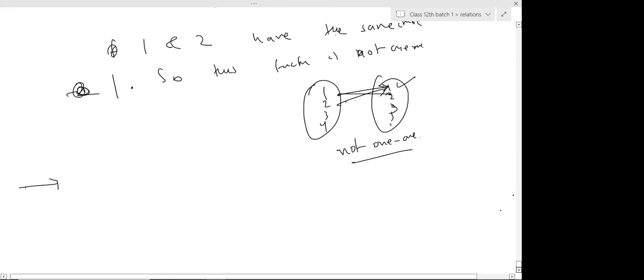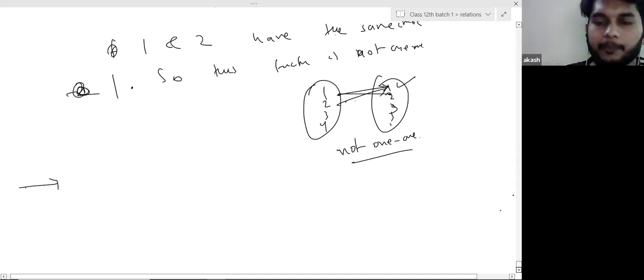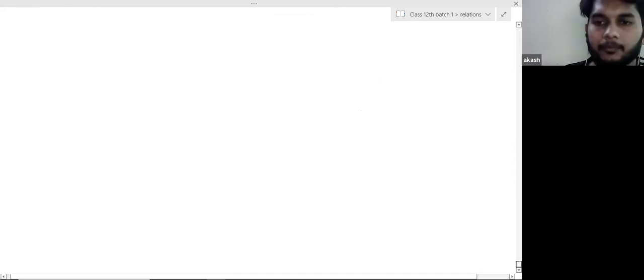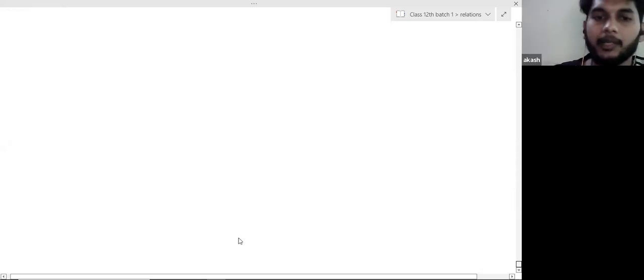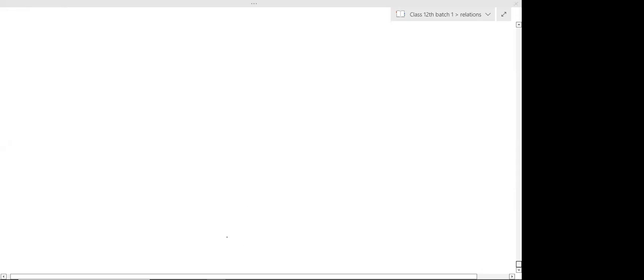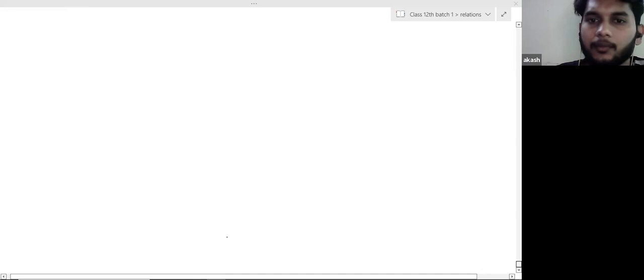To prove one-one, if all elements of A have only one relation to B. Right, that was one-one function. But how to check that? What was the method we used?